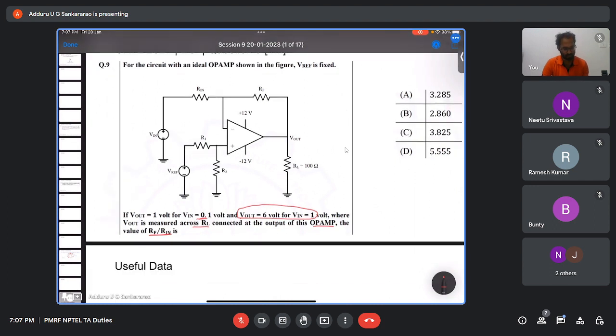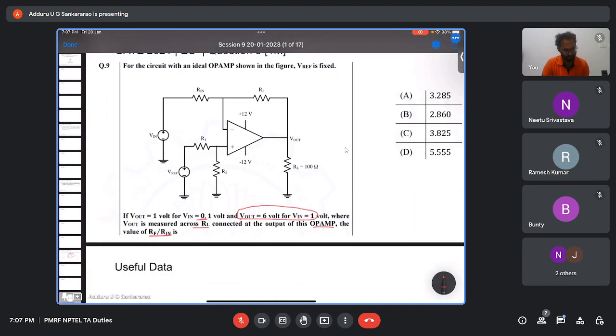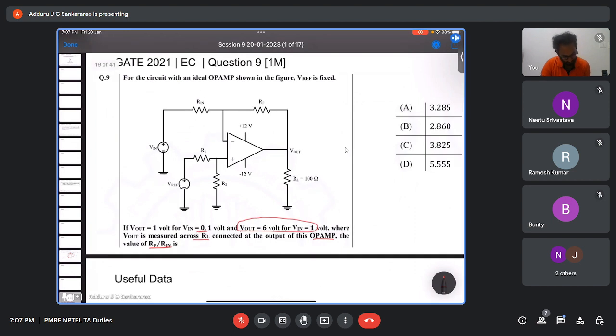In this they have given that V reference is constant. It is not changing throughout, and it is an ideal op amp. That means it will have infinite input impedance.